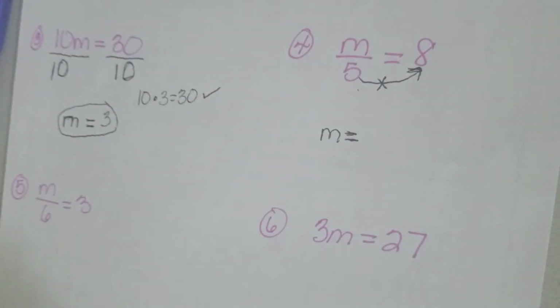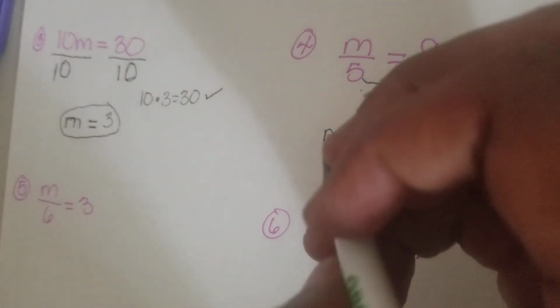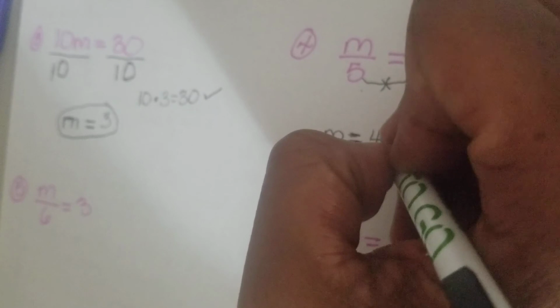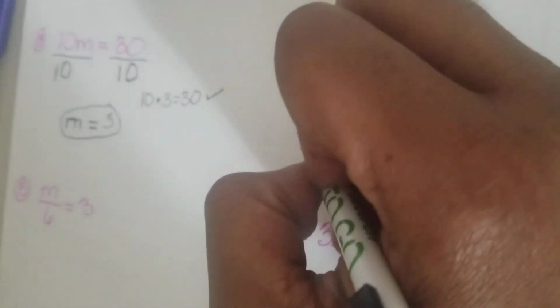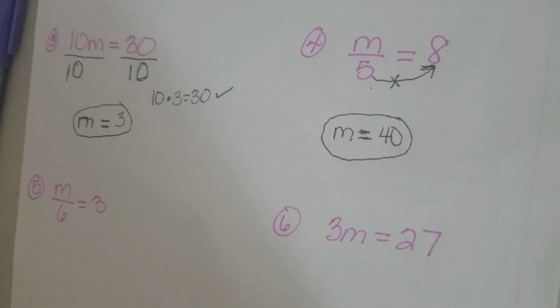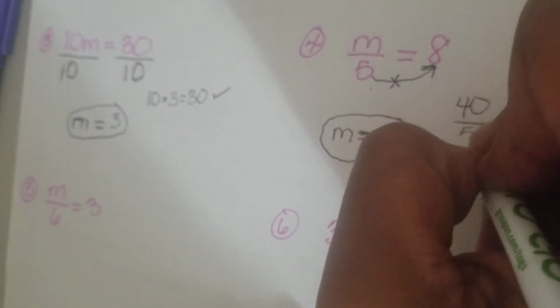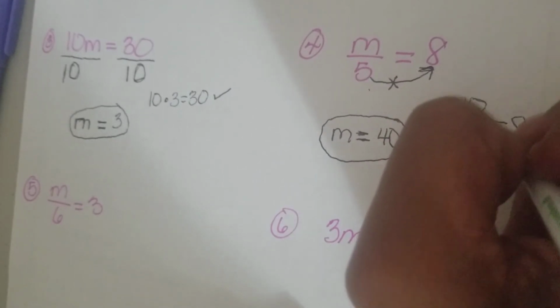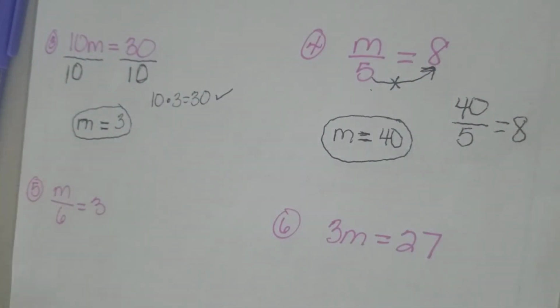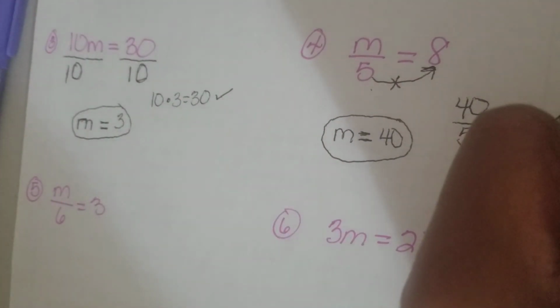It equals 5 times 8 gives us, what's that? Was it 40? We got our 40. And now let's check it. 40 divided by 5 equals 8. We plug that in, we check our steps, make sure our math is right. That is correct.